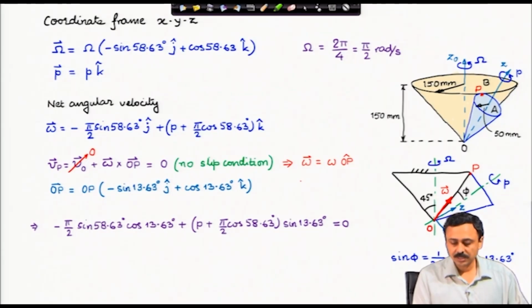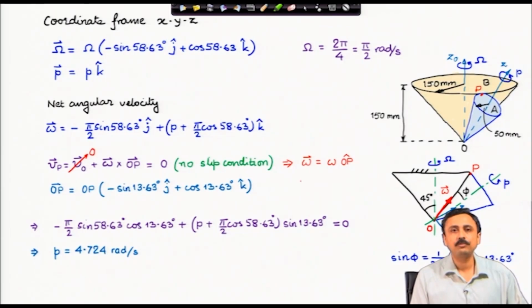You can easily do this and put that to 0, and if you do that, from here you can solve for p, and that is p equal to 4.724 radian per second. Therefore, this spin speed of cone A is determined from the no slip condition on the line of contact, and once I know p, the net angular velocity of cone A is completely determined.